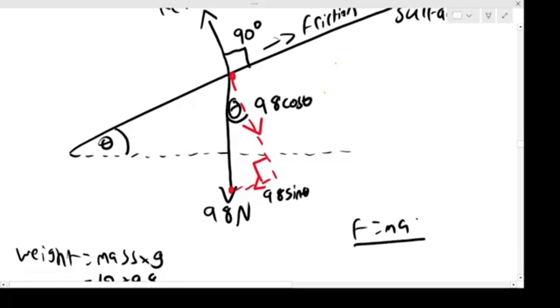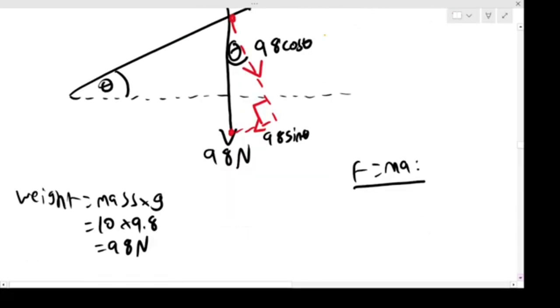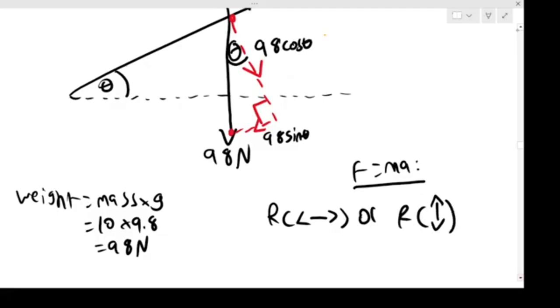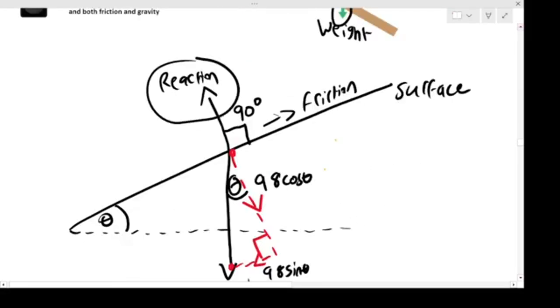Now, previously, we have resolved or looked at either right and left or up and down, okay? The issue is this reaction force and the friction, they're at an angle. They're not completely flat, they're at an angle.